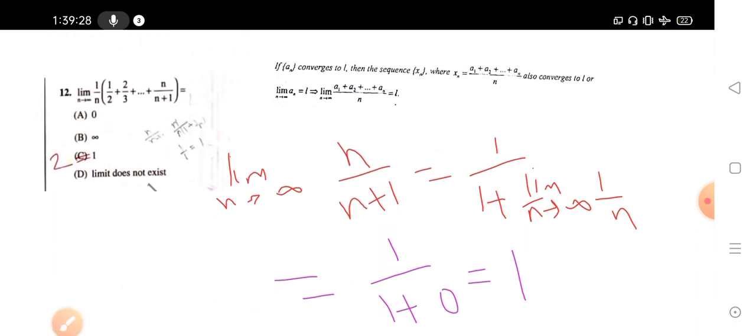Limit as n tends to infinity of (1/n)(1/2 + 2/3 + ... + n/(n+1)). Options given: 0, infinity, 1, and limit does not exist.